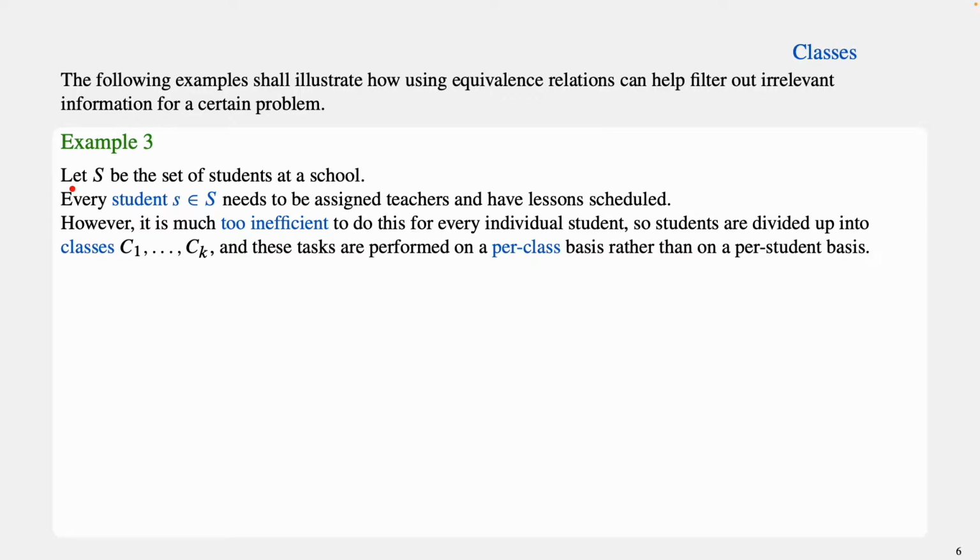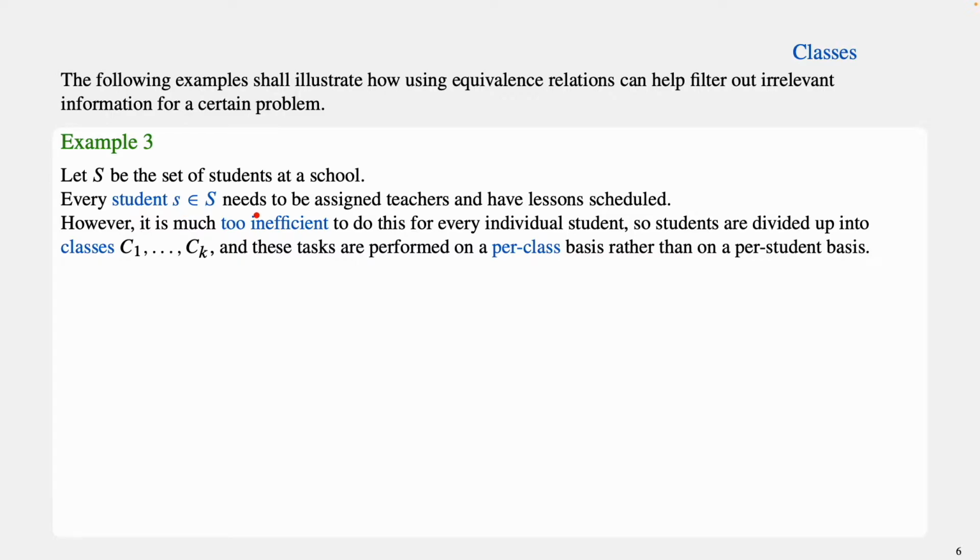And one way to think about equivalence relations is that they can filter out irrelevant information if we are working with a set that in a way contains too much information for our purposes. So the following example should illustrate that. Let the set S be the set of students at a school. And well, if you have students in a school, then you need to schedule lessons and assign teachers.